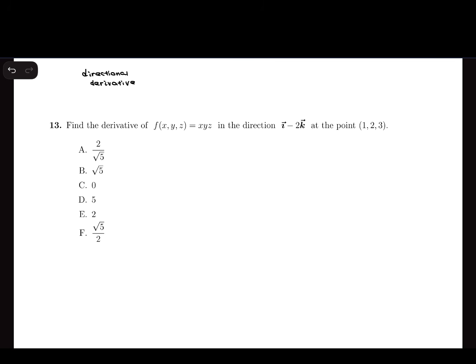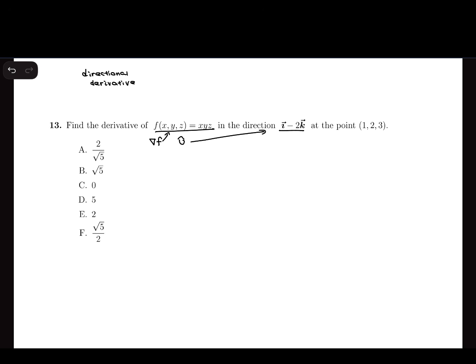Okay, so what you're going to want to do for this problem, for a directional derivative, you need two things. You need a gradient, in this case gradient f. And for the directional derivative, you need a unit vector. So in this case, they gave you that direction for the unit vector, and they gave you this function for your gradient.